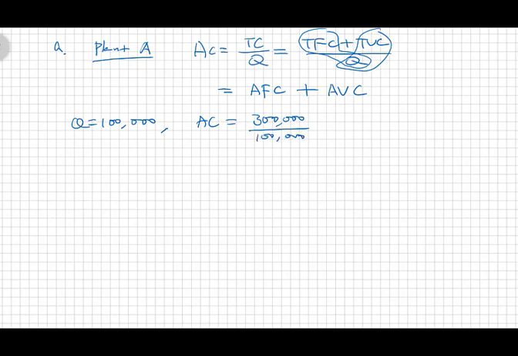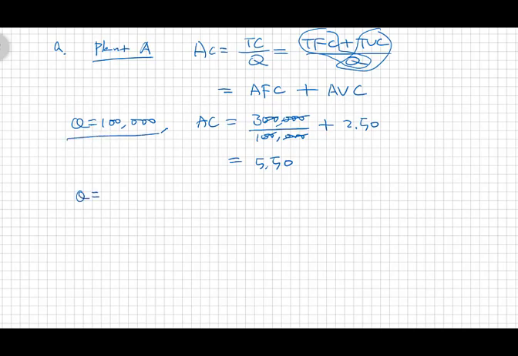So you can calculate average fixed cost and average variable cost. As long as you produce less than 200,000, the capacity for plant A, the average variable cost stays at the same level, which is 250. So by adding these, we have 550 average cost for quantity 100,000.